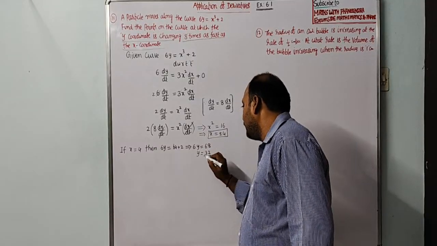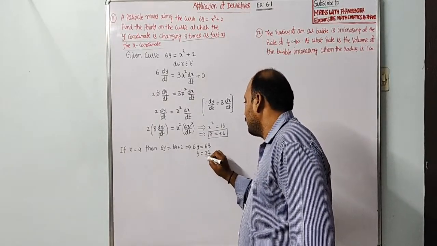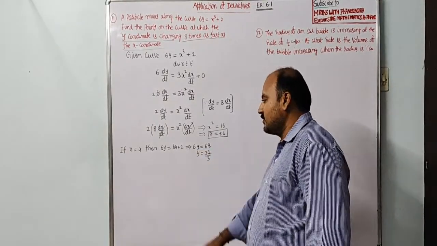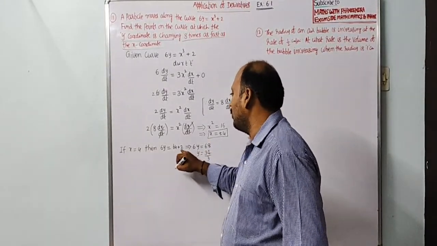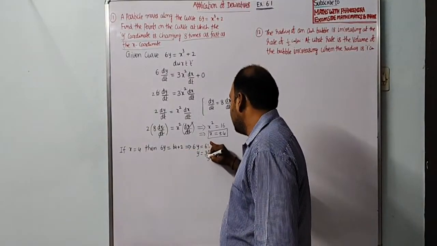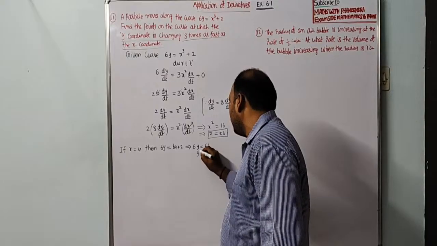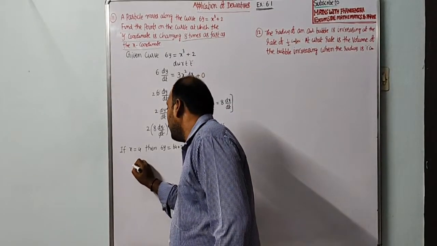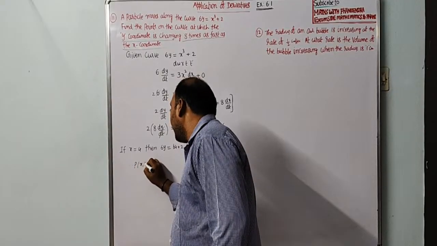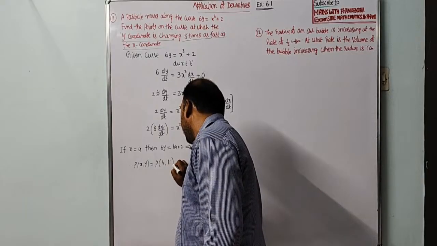Sorry, 64 plus 2 is how much? 66, na? That implies 6y is equal to 66. So 6 table if we divide, it comes as 11. So here 1 point we got it. Therefore, the required point P of x comma y is equal to P of 4 comma 11.